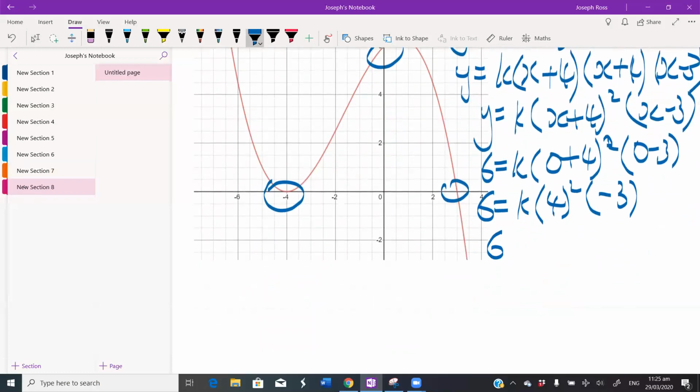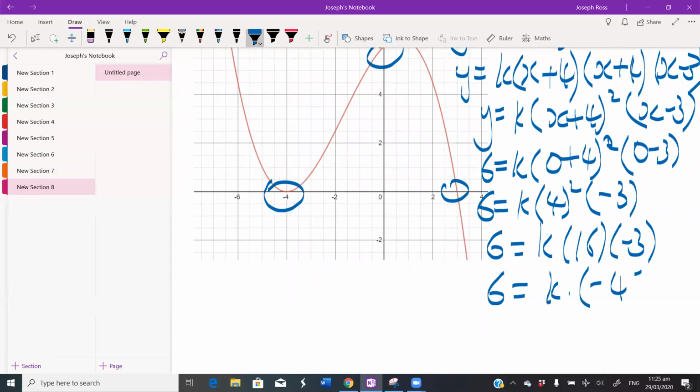So we've got k multiplied by 16 multiplied by negative 3, which is going to be 6 equals k times negative 48. And if we divide that by negative 48, we get k equals 6 over negative 48, which is negative 0.125.